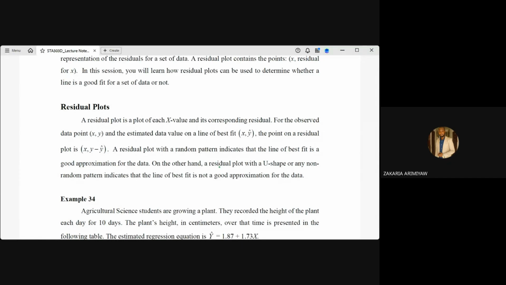Just to recap, the residual is simply an estimate of the error term. In the regression model, we represented the error term by epsilon. Epsilon is the error term, but the values are not known, so we try to estimate them after we have estimated the regression model.